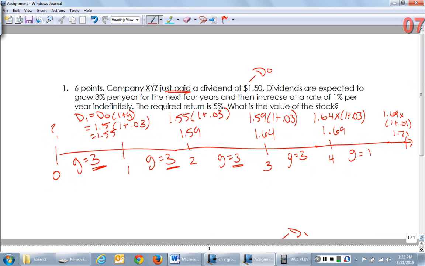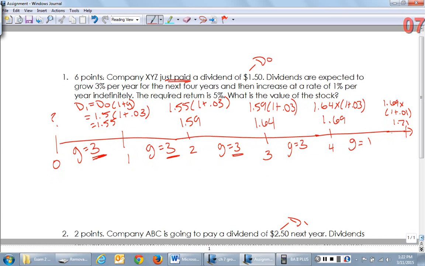So because our growth rate has become constant after time period 4, we could use the constant growth rate model at time period 4. This is the present value of all future dividends. So the price at time period 4 is equal to the dividend at time period 5 divided by the R minus G. So the dividend at time period 5 is $1.71.